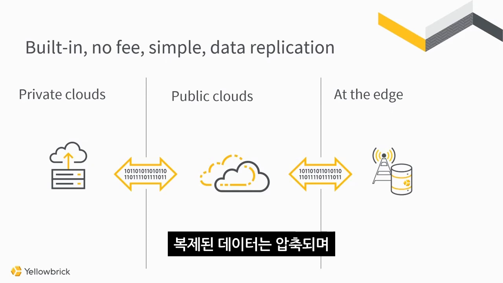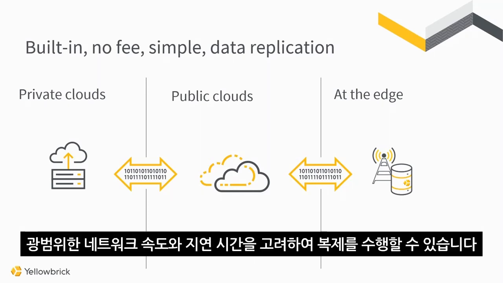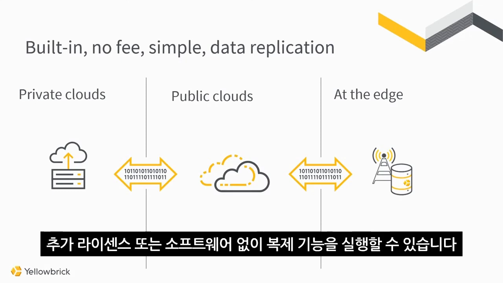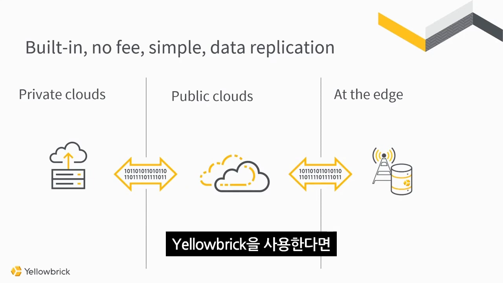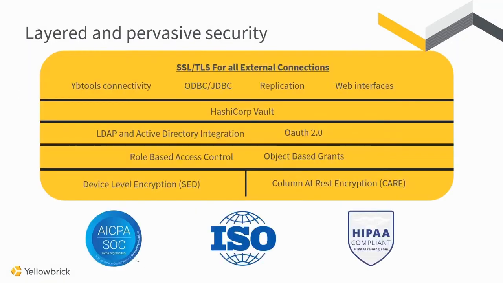Replicated data is compressed and frequency of replication is flexible to allow our replication to operate within a wide range of network speeds and latencies. The best part for our customers is that unlike most other vendors, Yellowbrick doesn't charge extra for replication and doesn't require any additional licensing or software. So if you have Yellowbrick, you have replication. Configure it, use it as much as you like.